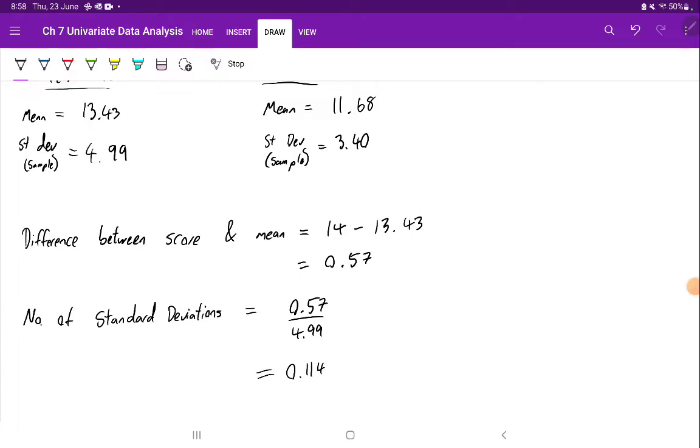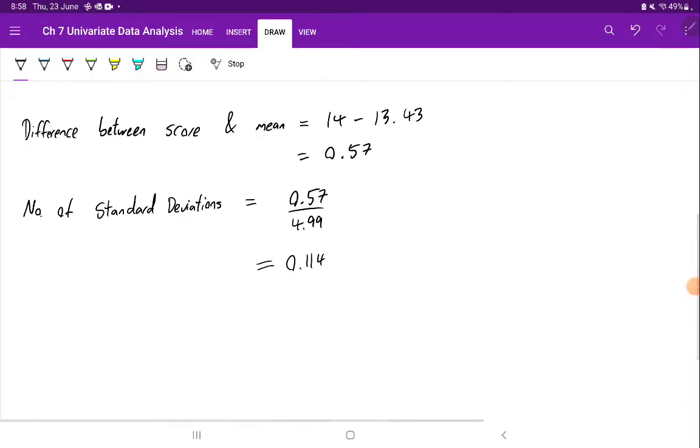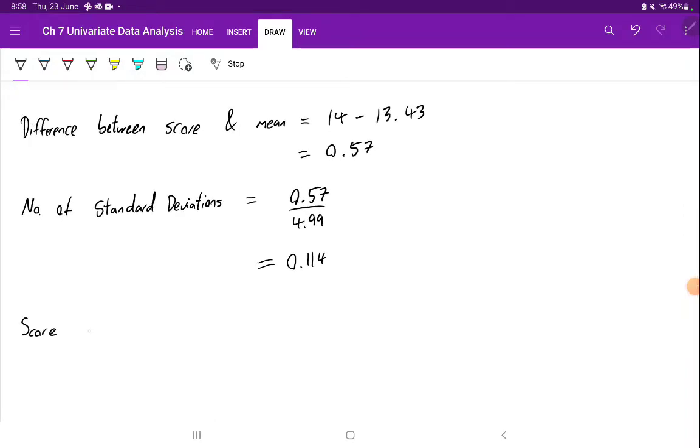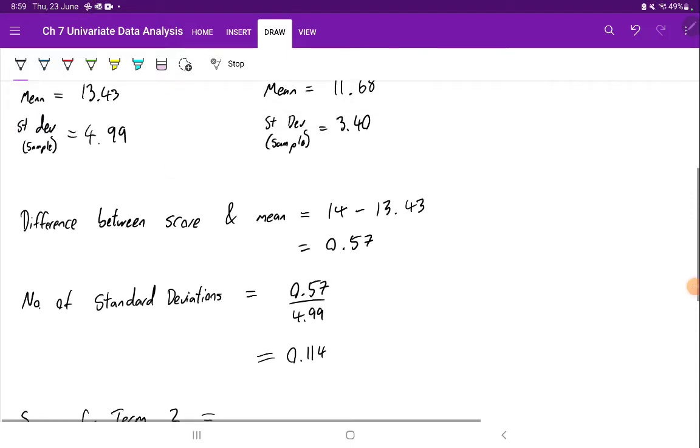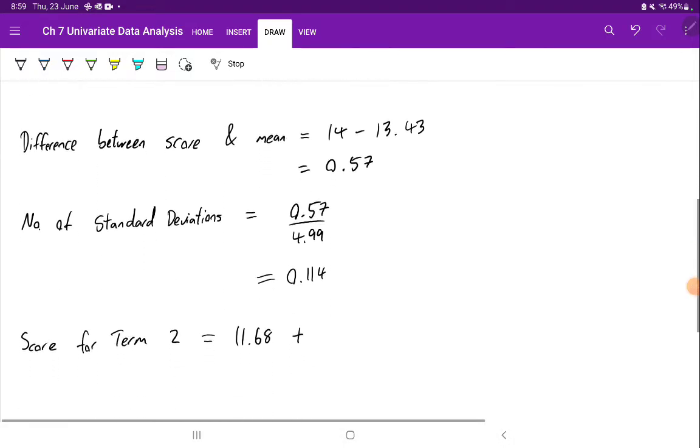Well, her new score, her score for term 2, that's going to be the mean, 11.68, plus, because she scored above, the standard deviation, which was 3.40, times how many standard deviations above she was, so 0.114.